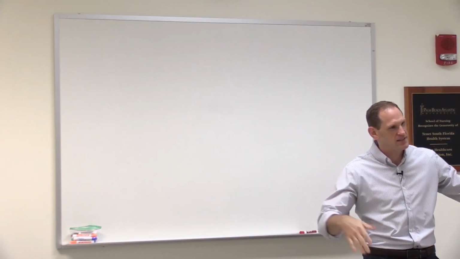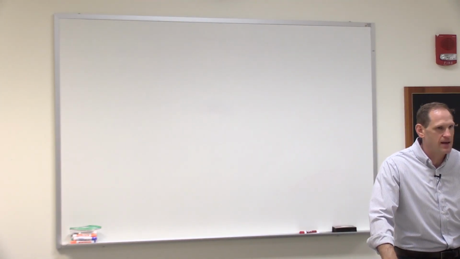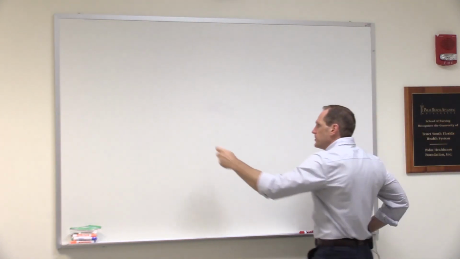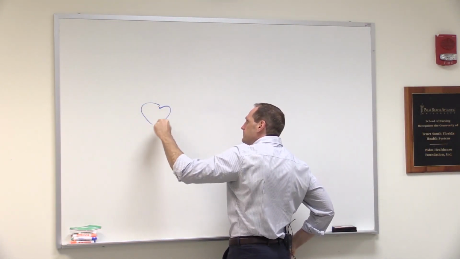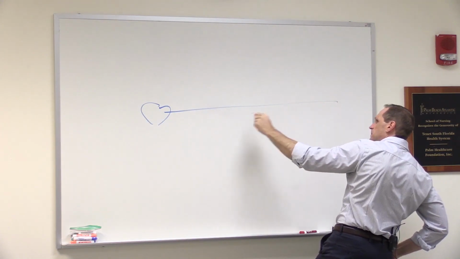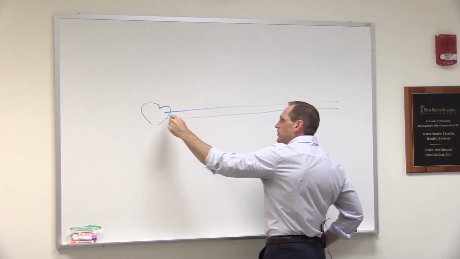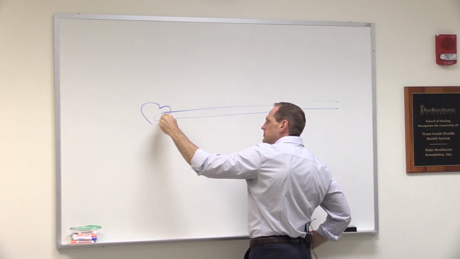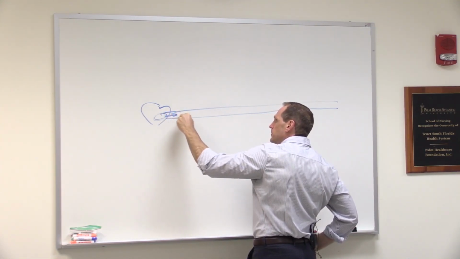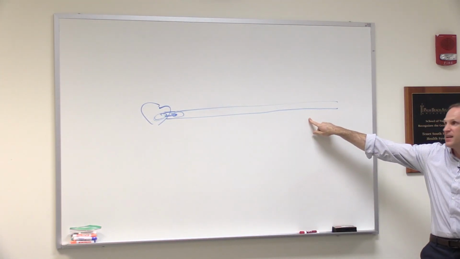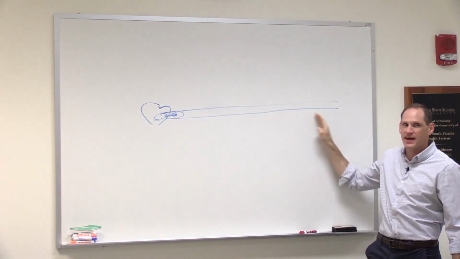Now, there's one last thing that we didn't mention last time that I need to mention, which is that imagine for a moment that you had a pump right here. And you've got this big, long tube. Now, if you're going to pump a certain amount of blood into this tube, what do you have to do to all of the other blood in the tube? You've got to push it all the way down.